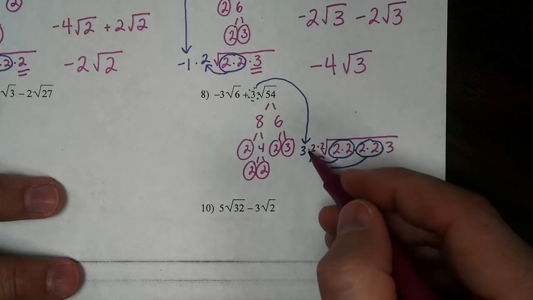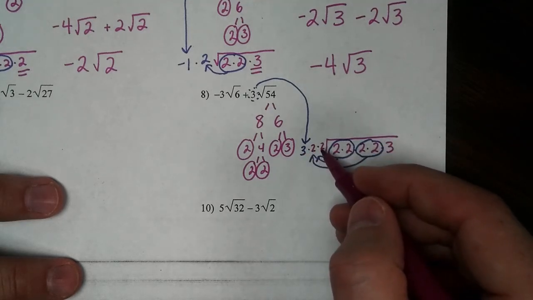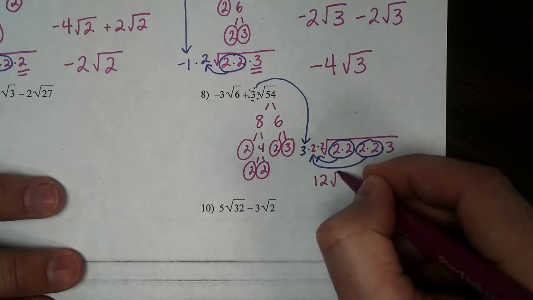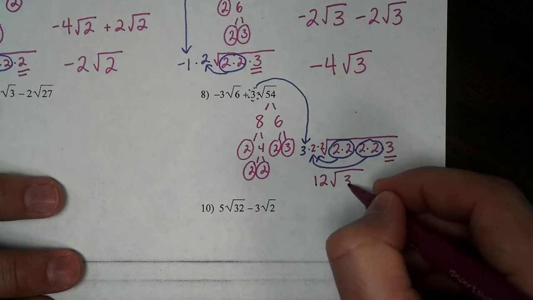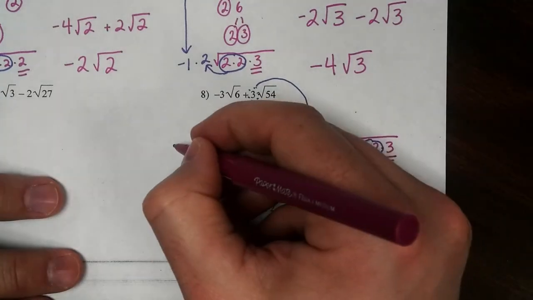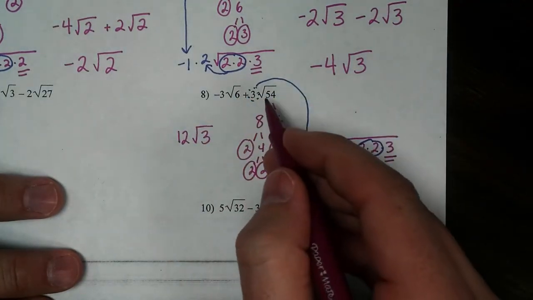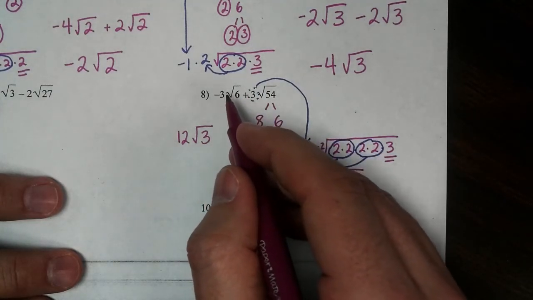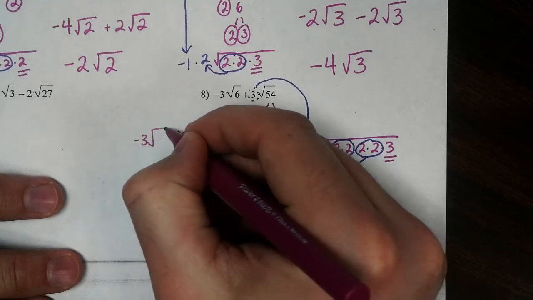So I've got 3 times 2 times 2. Well, 3 times 2 is 6. 6 times 2 is 12. So I've got 12 on the outside. What's left on the inside is the 3. So I've got 12 radical 3. So I'm going to write that down. 12 radical 3. Now that was just this part right here. We still need to take into consideration the negative 3 radical 6. So let's do that. Negative 3 radical 6.